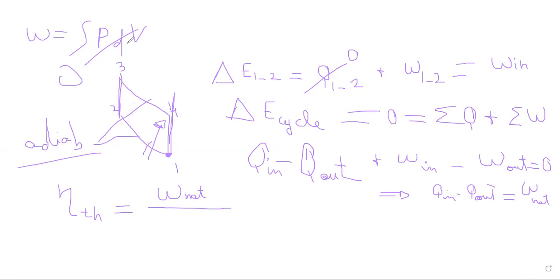But if we just study the cycle, we can talk about the thermal efficiency, which is W net over Qin. Now if we replace W net by Qin minus Q out, then we get a simplified form for the thermal efficiency, which is 1 minus Q out over Qin.